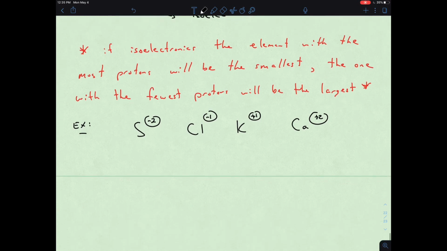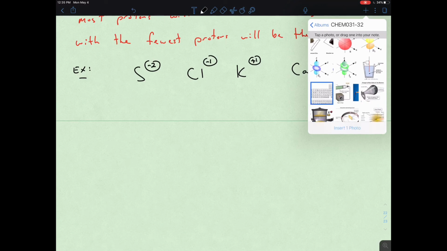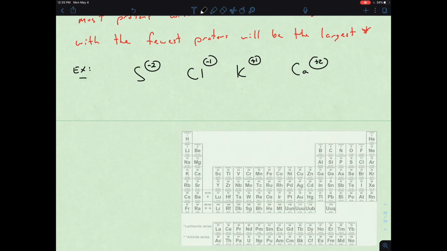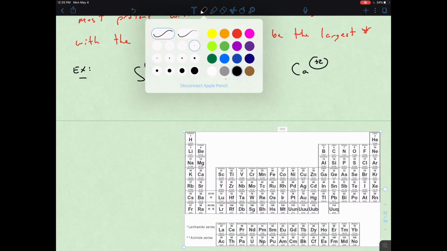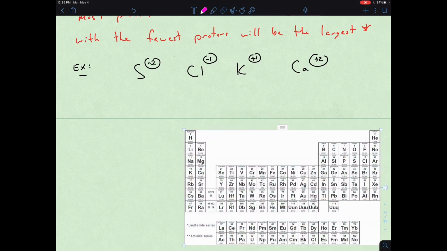If we go to our periodic table, we find that all of these have the exact same number of electrons. If we look at sulfur, sulfur has its 16 electrons, right? Plus its 2 electrons because it's negative.